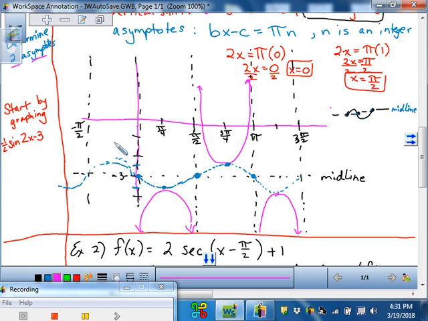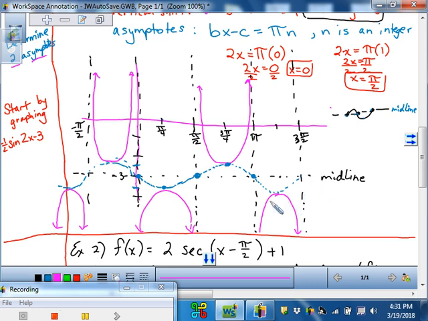And I draw a little U shape, the reciprocal, so it's flipping up and then flipping down again on the other side of that asymptote. And this is what your cosecant graph looks like.